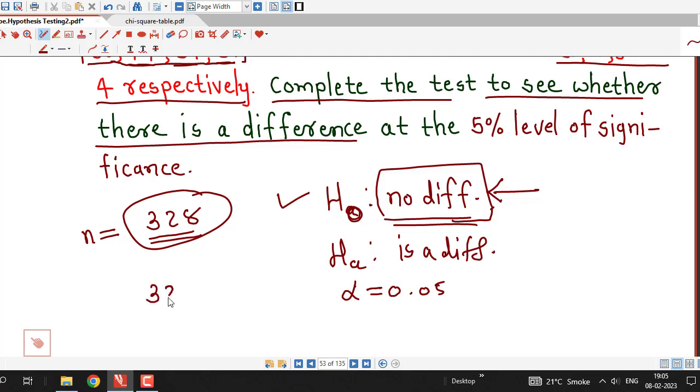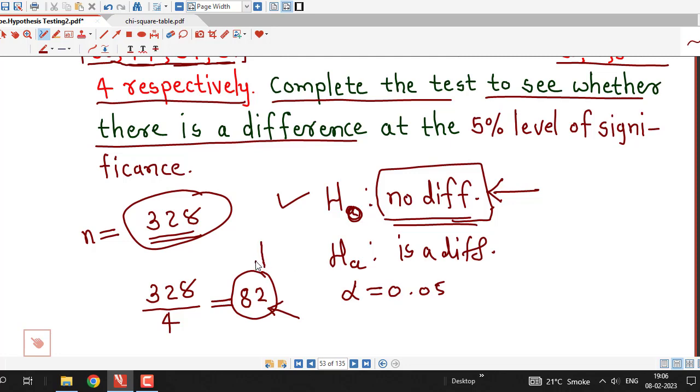So we divide 328 by 4 to find the expected number of customers who viewed each movie, and this division gives 82. So 82 customers viewed movie number 1, 82 viewed movie number 2, 82 viewed movie number 3, and 82 viewed movie number 4.